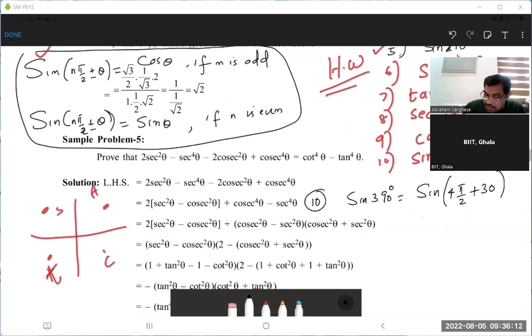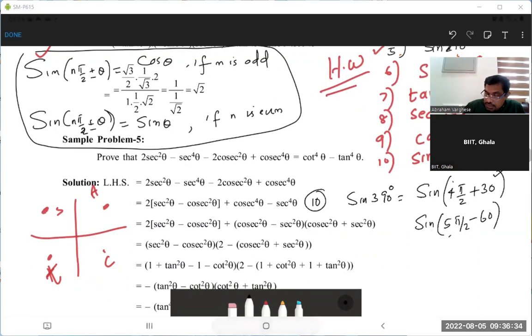The same question you can do like this also. Sine of 5 into 90 minus 60, that is also 390. Anyway, you can use either this method or this. If you apply this, n will be even. If you go for this, n will be odd. Both will give the same result.